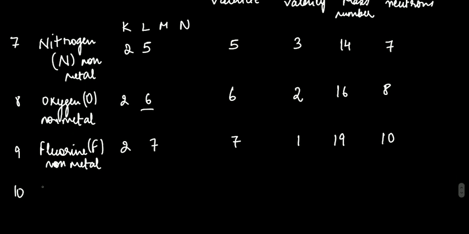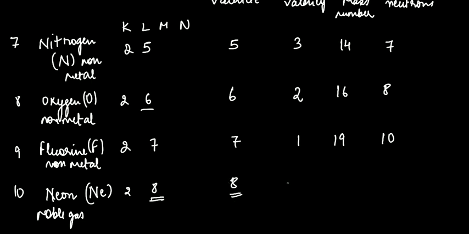Then if we go to 10, that is neon. It's a noble gas, the second noble gas. So 2 and 8 configuration. Valence electrons will be the same, 8, and valency is going to be 0 because it's a noble gas. Mass is double the atomic number, 20, and we have 10 neutrons, 20 minus 10.